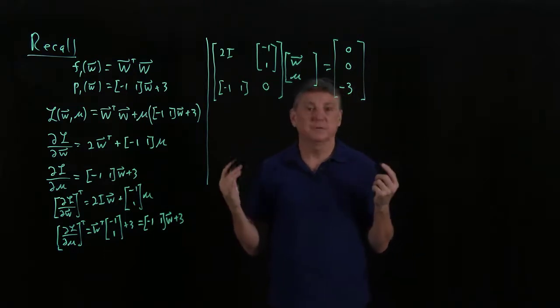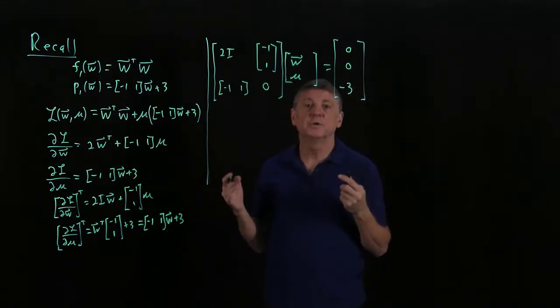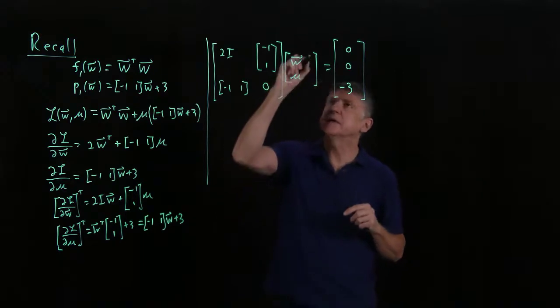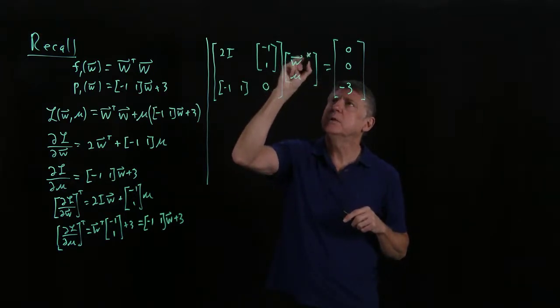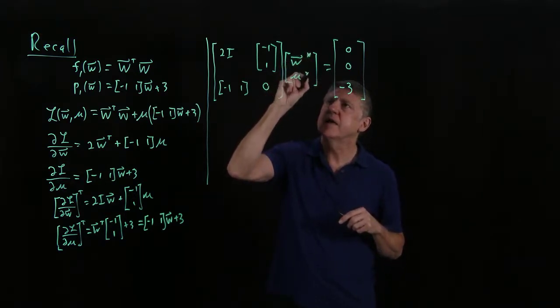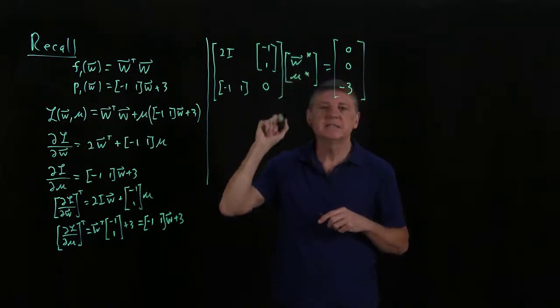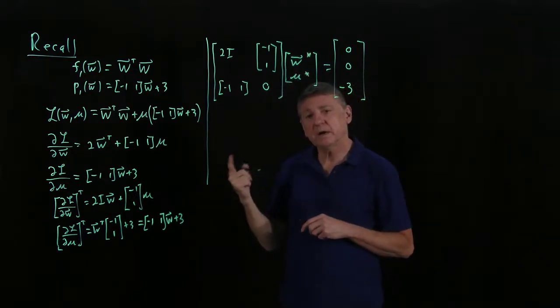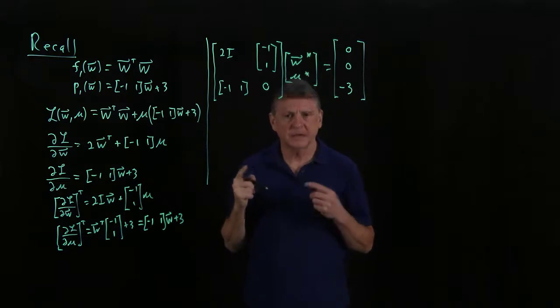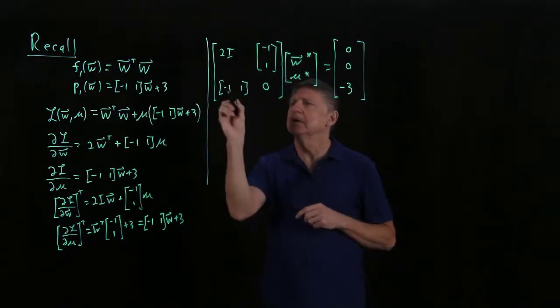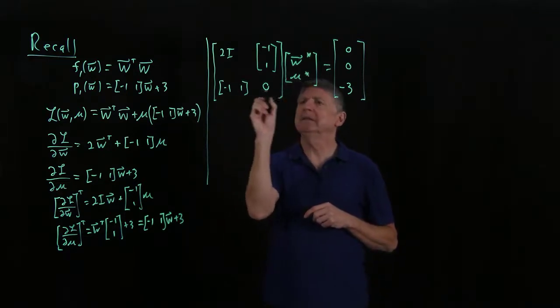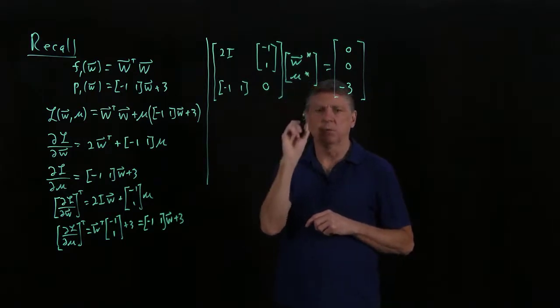The Lagrange equation turns out to be a problem of 3 equations in 3 unknowns, which is readily solvable. There's only one solution to this, and that one solution is the stationary point. I really encourage you to work this out, because you can quickly do it just by looking at this bottom row.